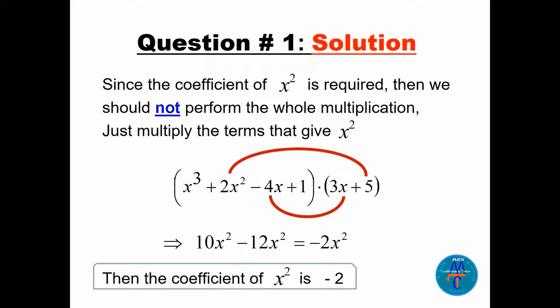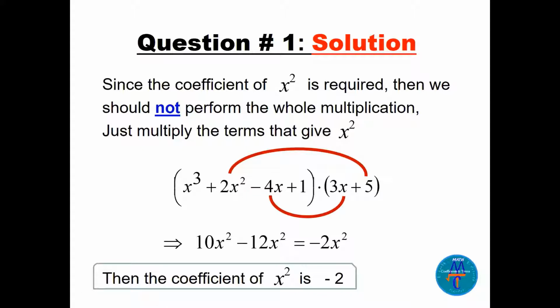In this question especially, we have to be smart. The question did not say multiply, so I don't have to multiply. Since the coefficient of x squared is required, we should not perform the whole multiplication. For example, x cubed times this x gives x to the power 4, and I don't need that.